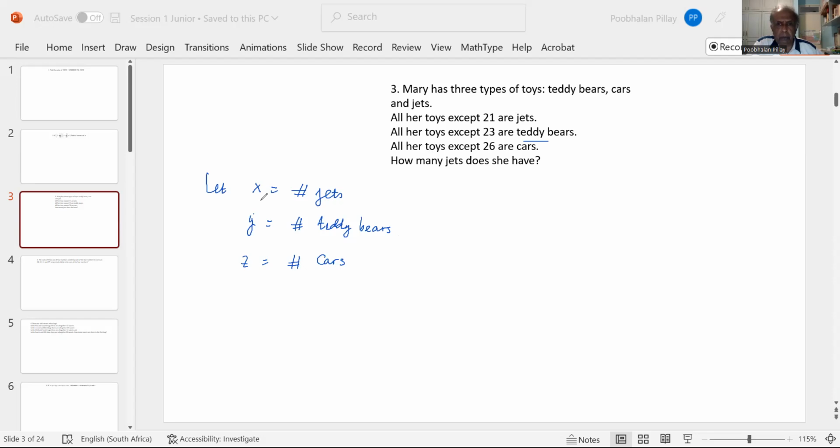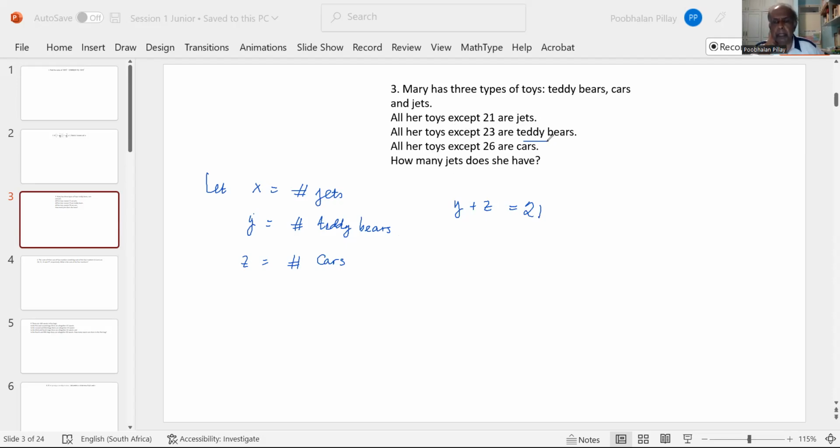So if you remove the jets from all these, it means y plus z, right? The remaining toys, there are 21 in number. So that is how we read this first sentence. All her toys except 21 are jets. So the toys that remain when you remove the jets out, there are 21 of them.